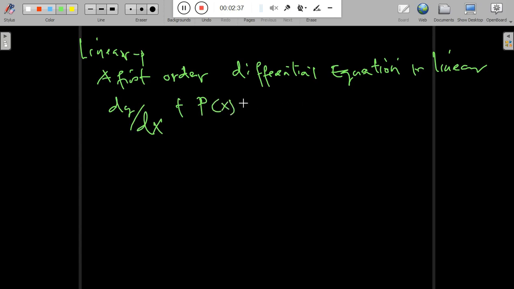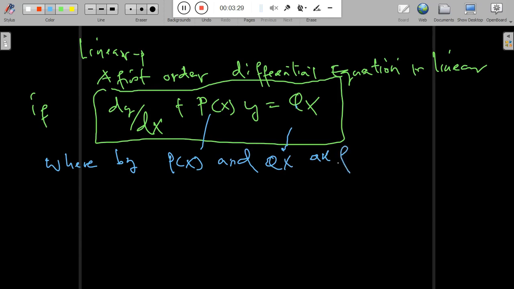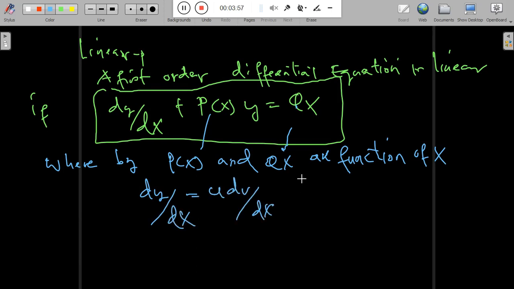A first order differential equation is linear when we take dy over dx plus p(x) times y is equal to q(x), whereby p(x) and q(x) are functions of x. So this form of a first order differential equation is linear when dy over dx plus p(x) times y is equal to q(x).